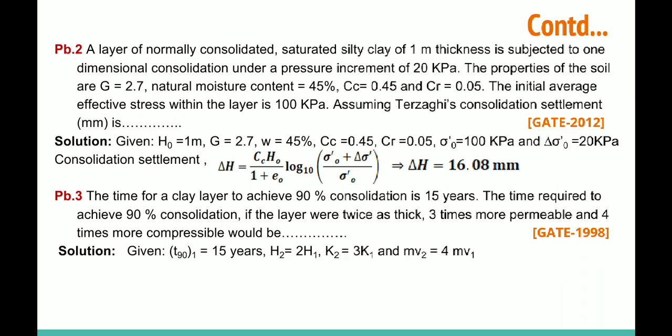So first note down, given is the 90% degree of consolidation, time taken is 15 years. Then for the second case, the height is 2 times H1, and K2, the coefficient of permeability, is 3 times K1. This was given in the question. And MV2 is equal to 4 times MV1, meaning it was given that it is 4 times more compressible.